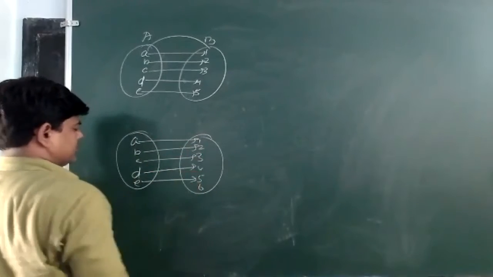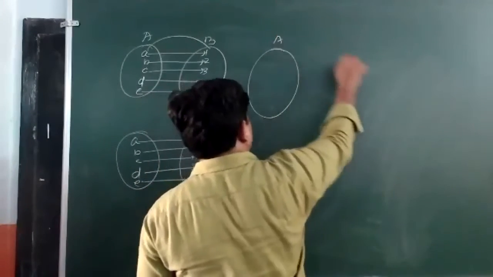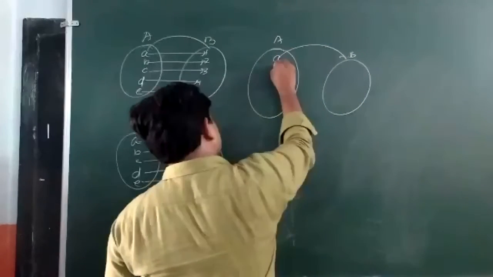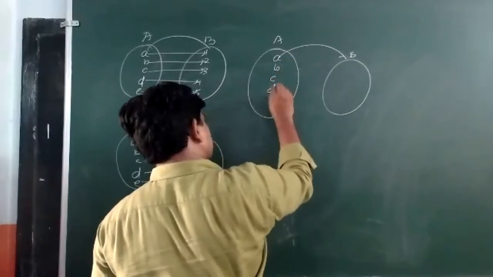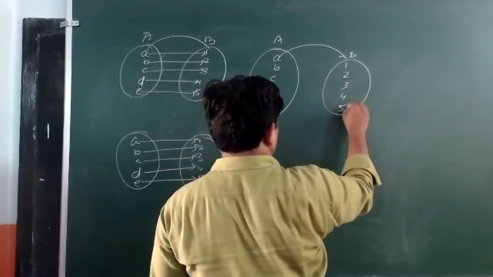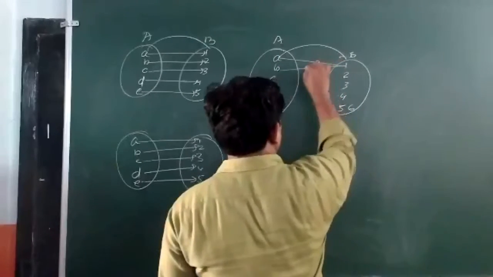Here I'm having another function defined, and again I'm having A, B, C, D, E and 1, 2, 3, 4, 5, and 6. Now you can see this way.